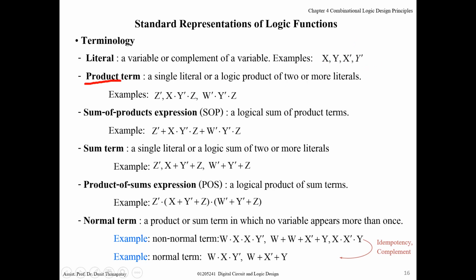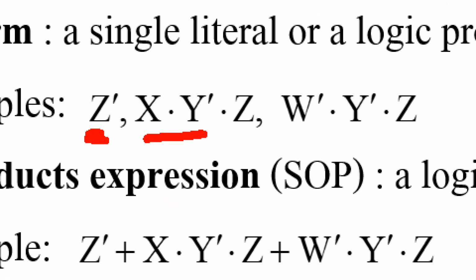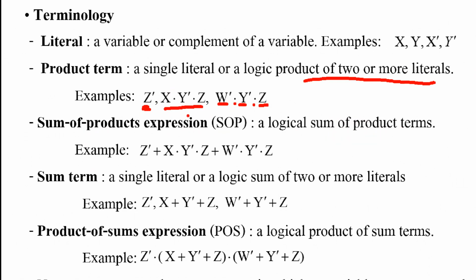A product term is a single literal like this, or a product of two or more literals, for example x and y prime and z, w prime and y prime and z, with a dot, like multiplication. So we call it a product term.